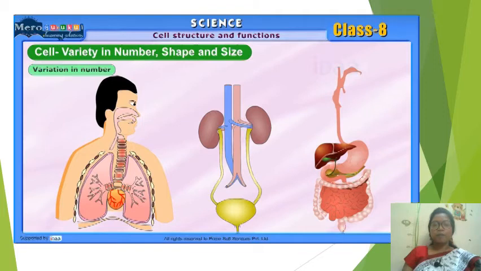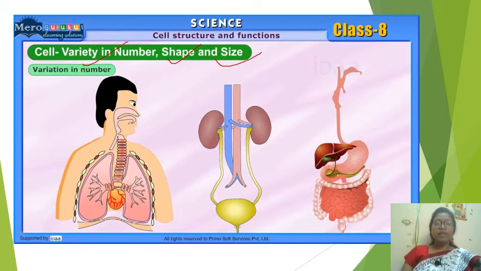Now there are different numbers of cells, and the shapes and sizes are different. You can see here the digestive system, excretory system, and different systems. Each and every system will have a different shape and size, and the cell number will also vary.